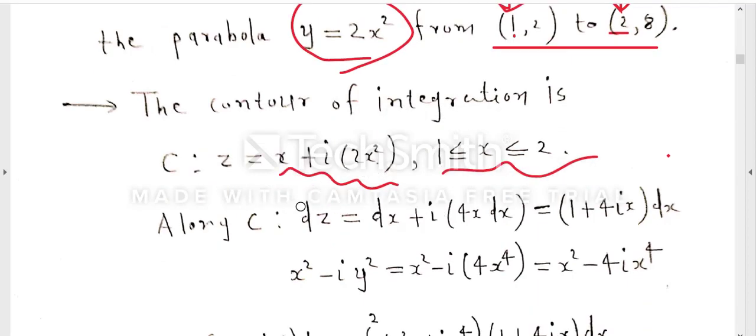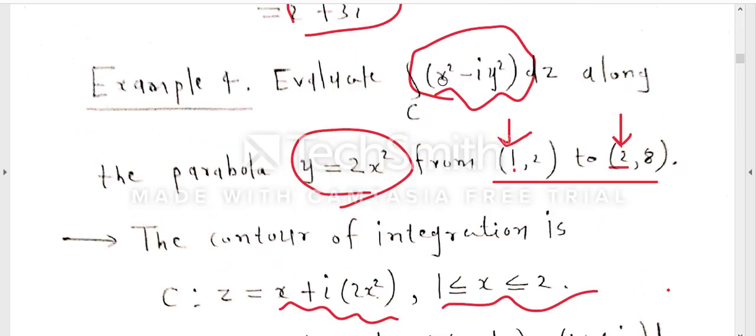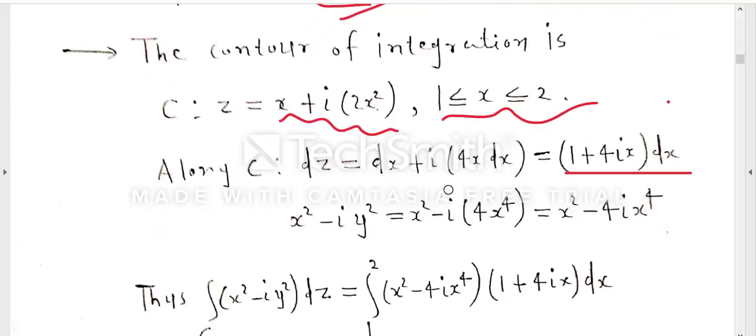Now you know how to find dz and all these things. dz is dx plus i, this is going to be 4x dx, and this you can rewrite in this way. The function is x square minus i y square. So we put y equal to 2x square here. After putting y equal to 2x square we will obtain this.